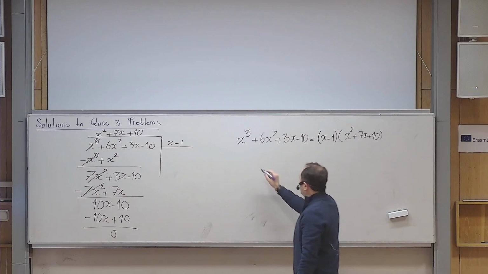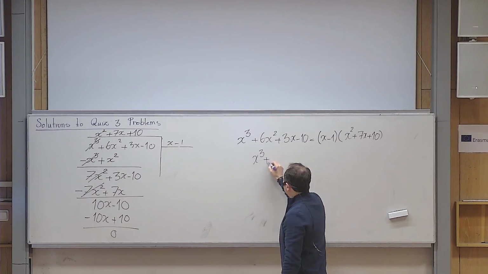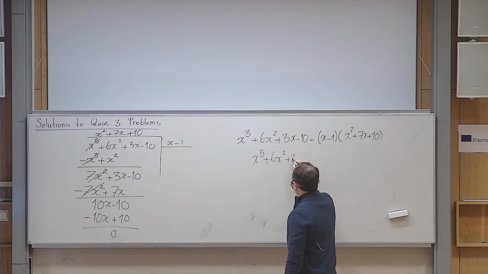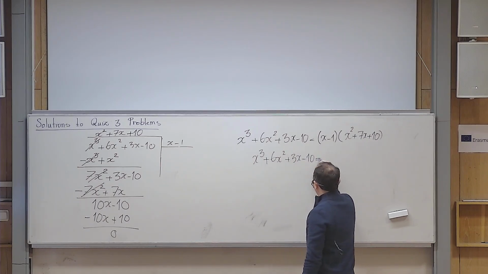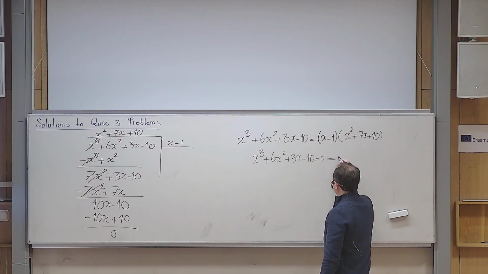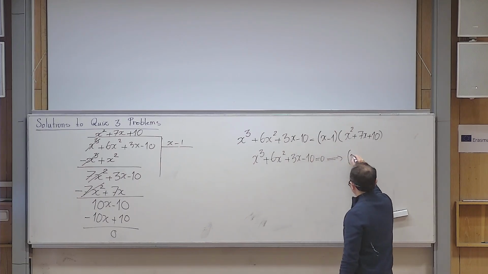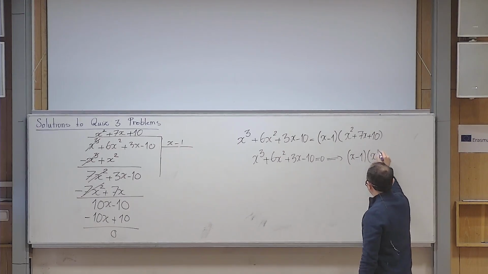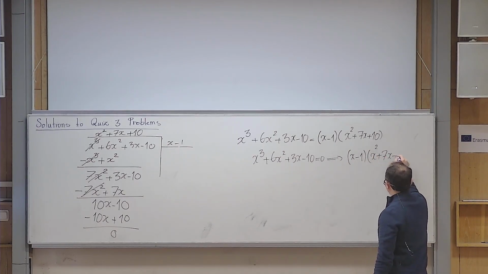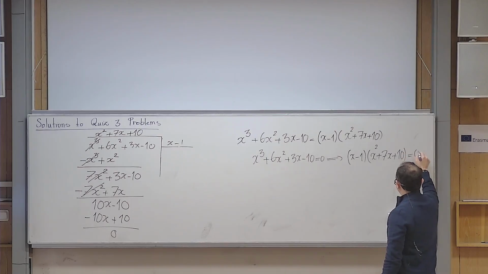Okay, my goal was to solve this equation. So I want to put this equal to 0 and solve it. But this one is equal to this one. So this means x minus 1 times x squared plus 7x plus 10 equals to 0.